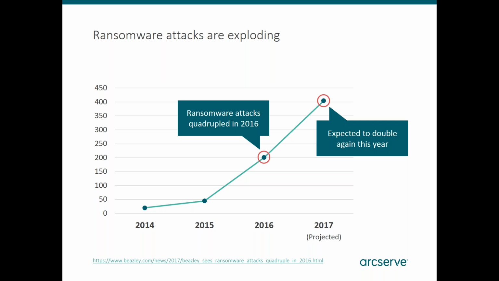And the number of attacks is going up. Now, I'm going to talk about this quickly. You can click that link and read about this. This data came from a company there, Beasley. They specifically help you and protect companies against these types of attacks. So these numbers are specifically relative to the clients that they've gone in to assist and help in these attacks.